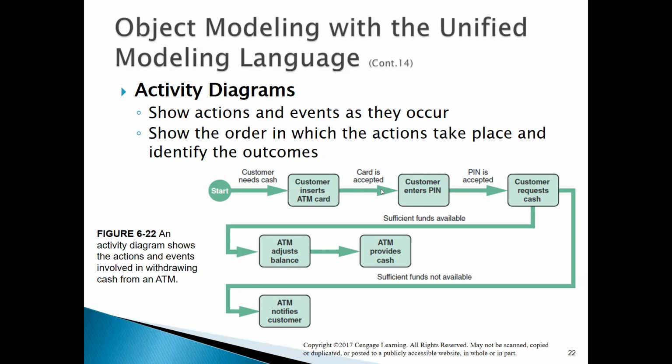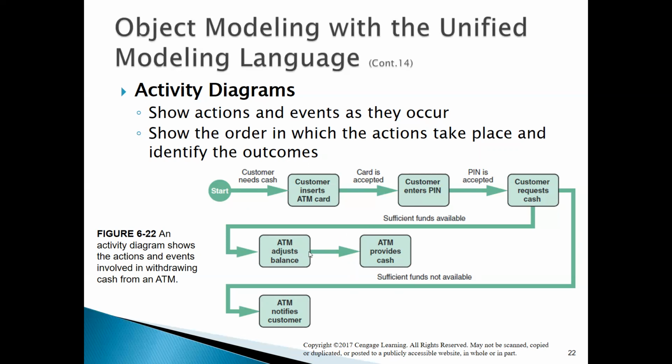So the card is accepted. Now that is the flow of data. After your card is accepted, in an ATM, you enter your PIN number. That's another object. Once that is accepted, the customer requests cash.